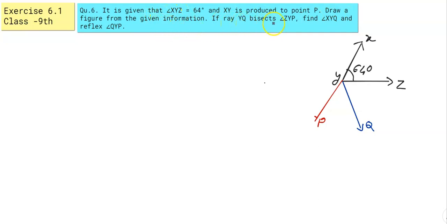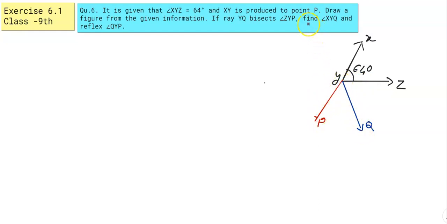If ray YQ bisects angle ZYP, this ray YQ is the bisector of angle ZYP, meaning YQ is dividing ZYP into two equal parts. ZYQ is equal to QYP.